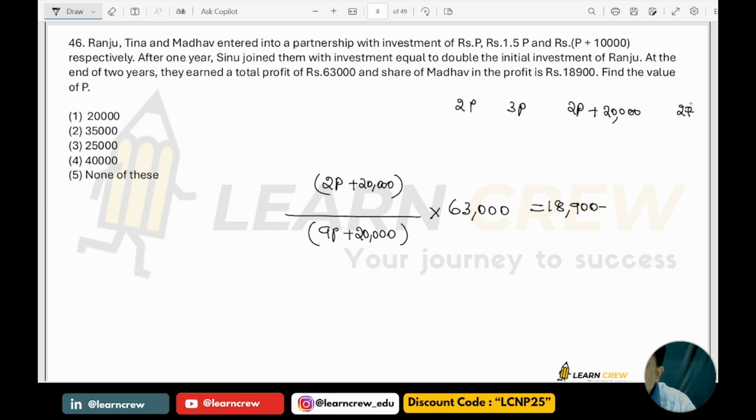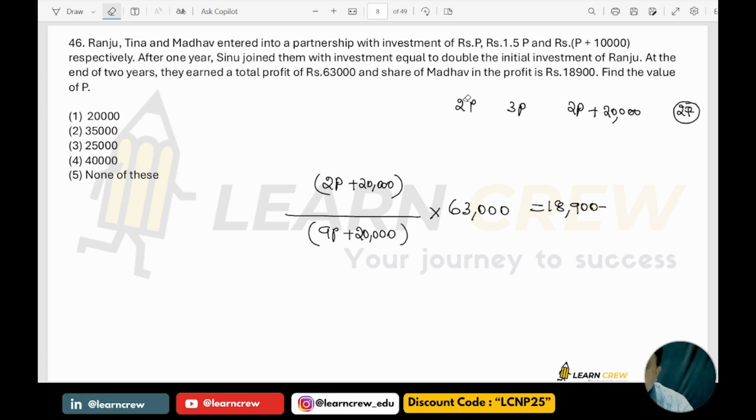Now his investment is double of P and his investment is there for only 1 year. That is the reason it is actually P into 2. It is 1.5P into 2. It is P plus 10,000 into 2. I1 T1 is 2, I2 T2 is 2, I3 T3, like that, the application.